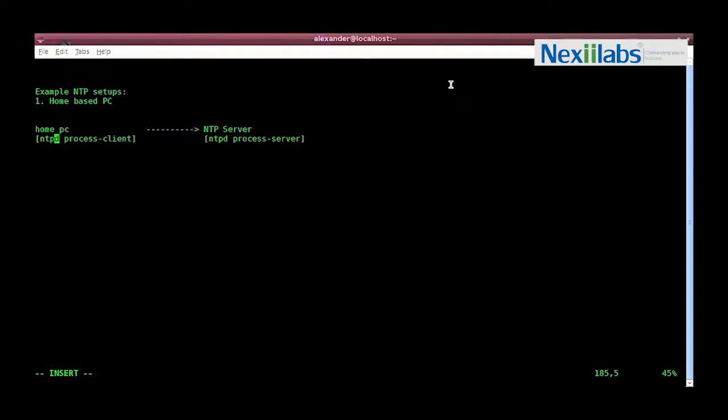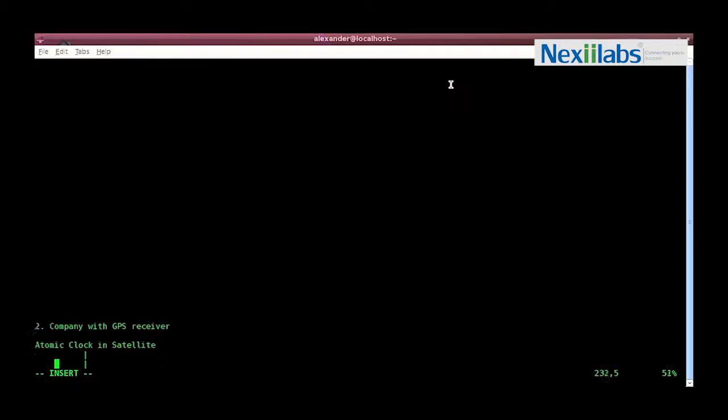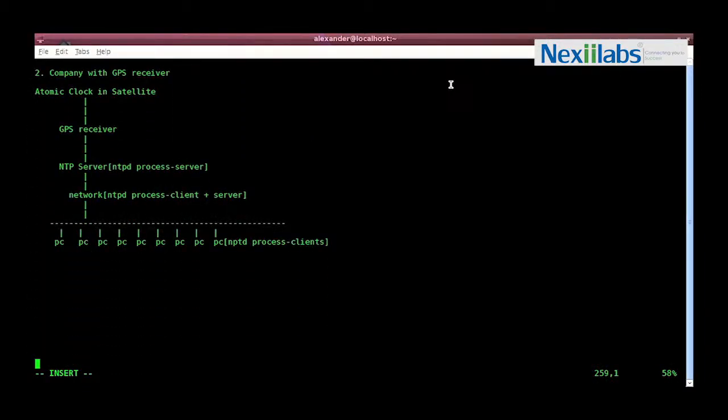Our second example setup is that of a company, an enterprise. A company can have a GPS receiver and a dedicated NTP server that gets its time from the internet or from a GPS, which in turn gets its time from an atomic clock in a satellite, and it serves time to clients in the network.